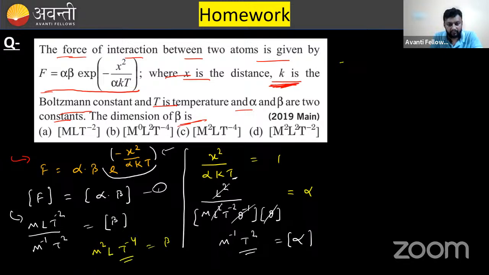This is the dimension of beta: M square L T minus 4. Which option is correct out of the 4? Someone is answering. That is option C, JNV Bhavnagar. Very good. This is option number C.